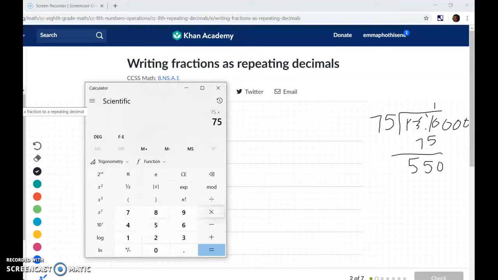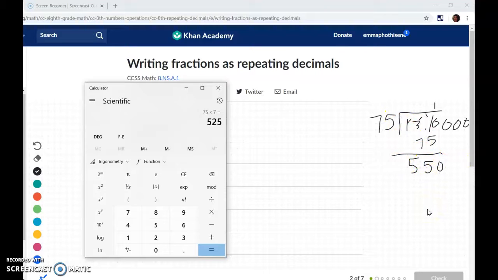So 75 times 6, 450, so I think I can go up one more. 75 times 7. There we go. So 75 times 7 is 525. That's very close to 550. That's as close as we can get without going over.